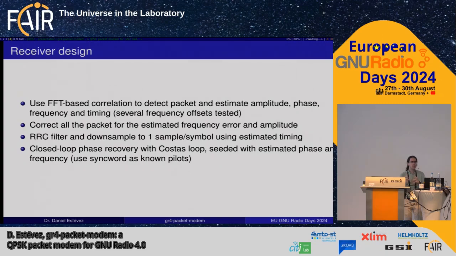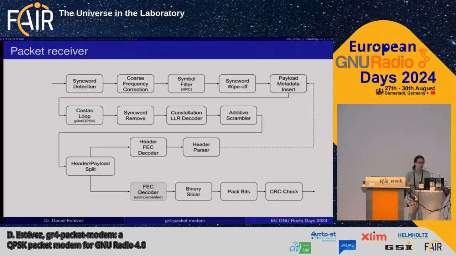The Costas loop is seeded with the phase estimate from the sync word, so it locks really fast and really well. And then it keeps tracking phase through the whole packet. So it must know what the constellation is for the payload and for the header and everything. And the sync word is used as pilot symbols because that's a known pattern.